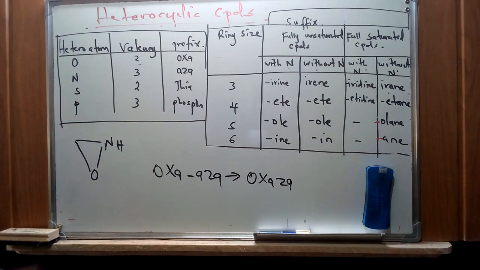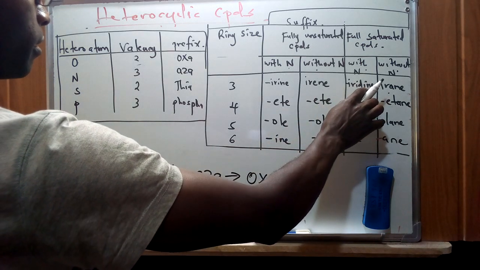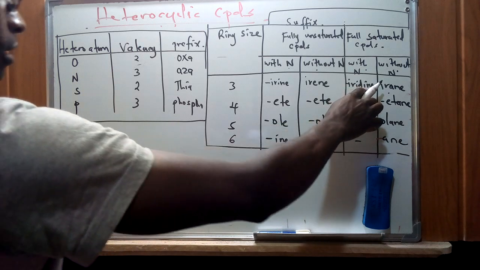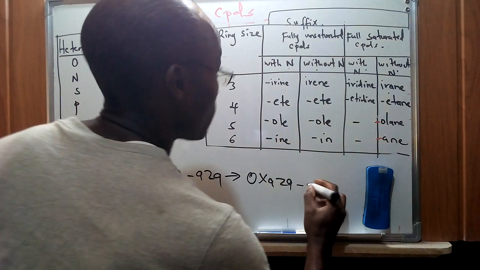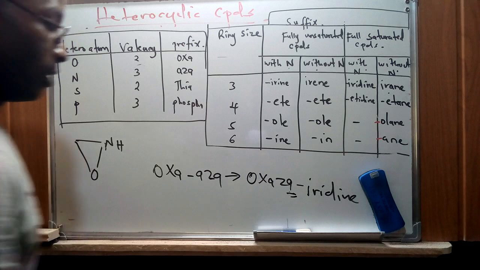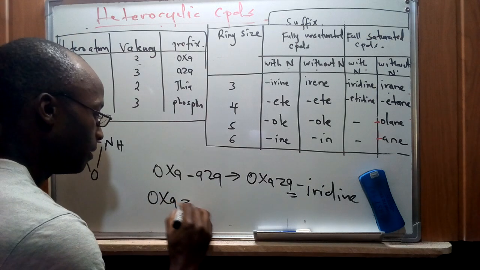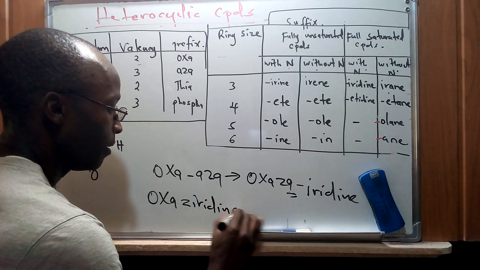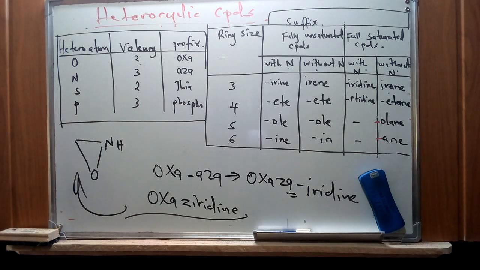But in this case, for the suffix, this is a 3-member ring, saturated, with nitrogen. So therefore, we're just going to consider nitrogen since it's the one that's being given a condition here. So aziridine. In this second case, still we're going to drop this A so that we can have oxaziridine. So this is going to be the name of the compound that is formed by those specific heteroatoms.